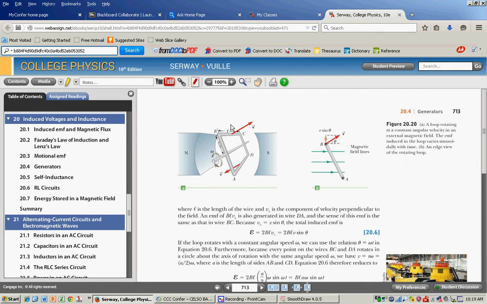Imagine you have a loop. Think about a turbine, right? And think about you have a mega magnet, and there is a turbine that is allowed to go into rotation.